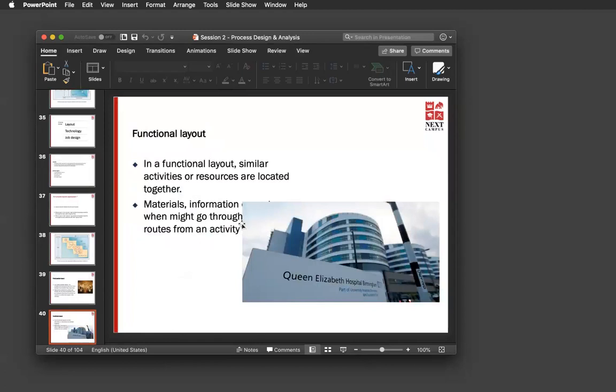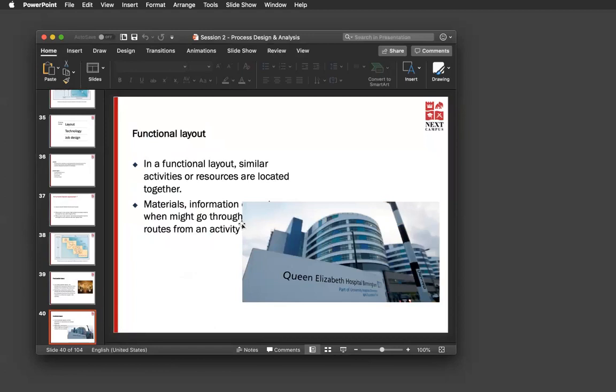So remember the jobbing process generally gets into a functional layout, because in a layout, in a place where the activity takes place, there's one specific thing that actually happens, and that's called a function, right?